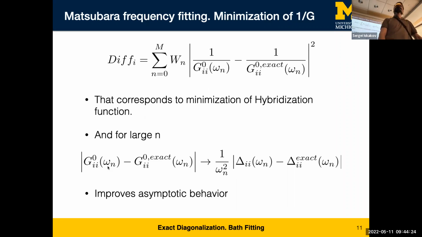And basically, if you do the fitting in the delta, you can actually have better asymptotic behavior of the whole problem. And in our set code, we usually do the fitting of the delta.